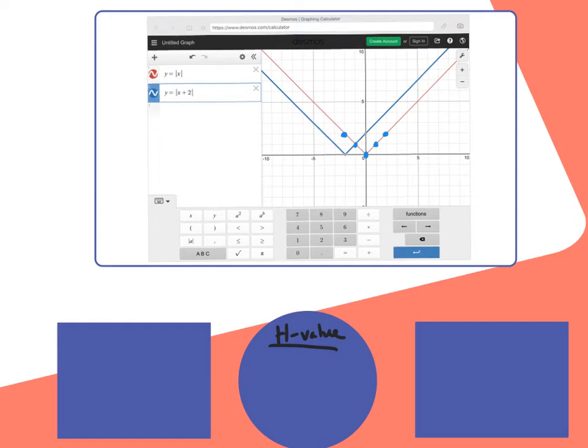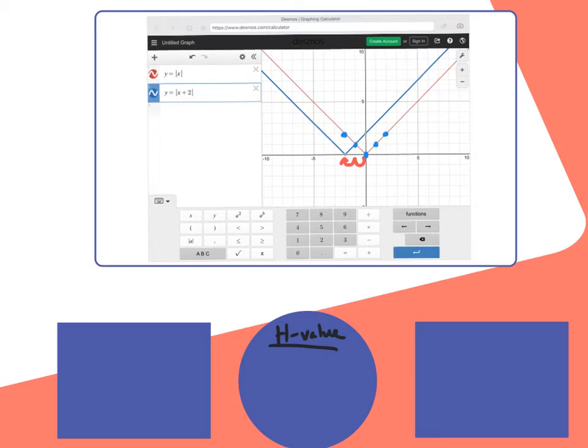Now let's really start to dive into what just happened here. If you notice, the graphs look almost identical, but it's been moved. And how many times did it get moved over? It got moved over 1, 2, which is kind of ironic because our number is 2. But the hardest thing for everyone to understand is that it's plus 2 and it moved in the negative direction.